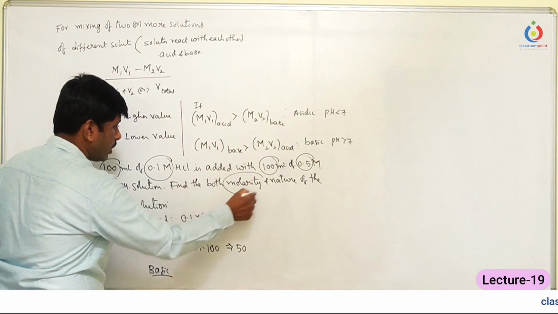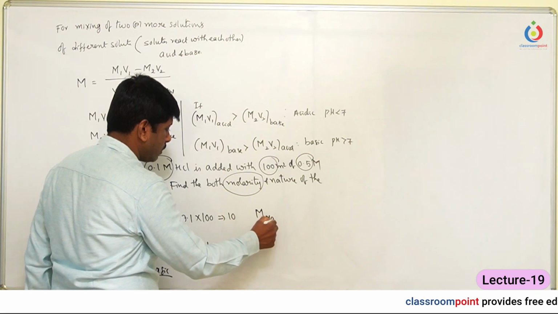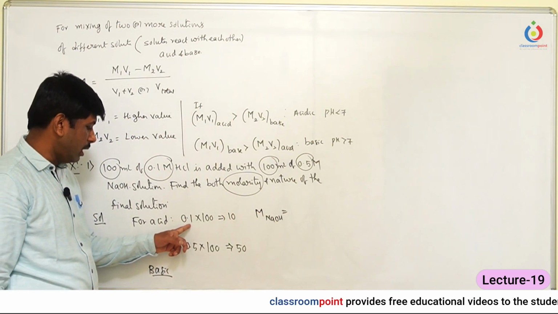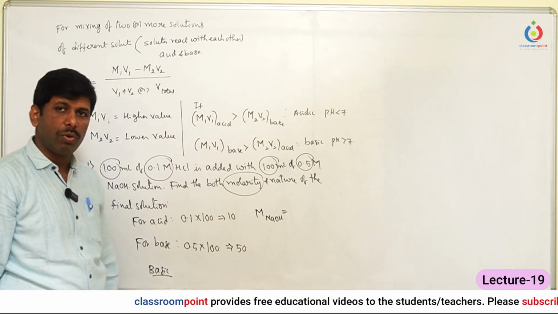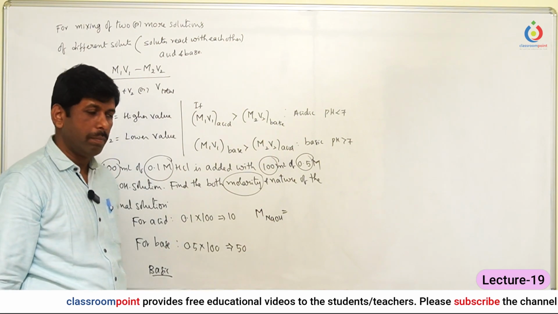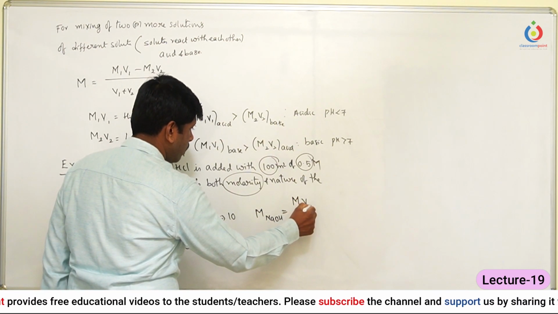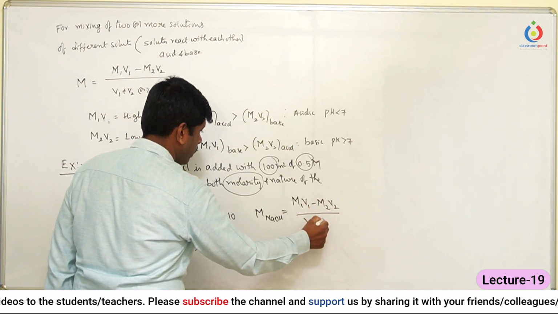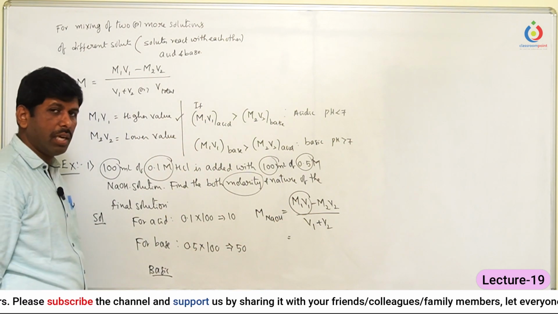And they asked us one more thing, to calculate the molarity. So the molarity of now NaOH, because the concentration of the base is more than the acid, so that final solution is basic. That's why whatever molarity we are going to get, that would be the molarity of the base. So here M1V1 minus M2V2 divided by V1 plus V2. M1V1, I told you already, you have to take the higher value every time.